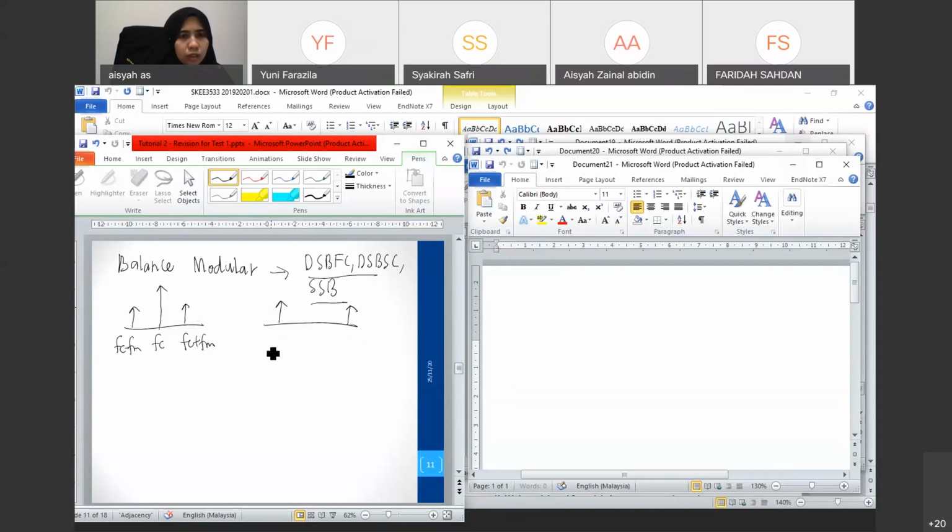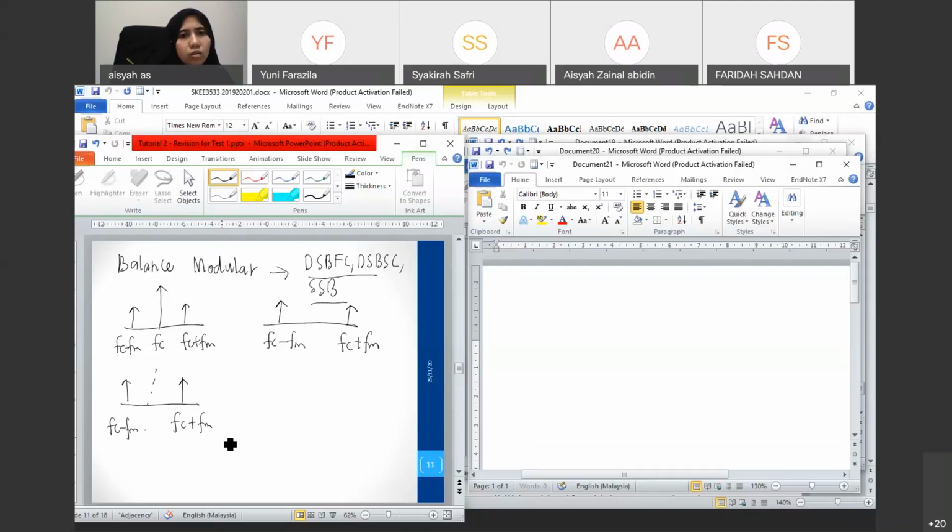And then the third one has only one sideband. So we have FC minus FM, or this means either one, either upper sideband or lower sideband. Okay, so this is the first, second, and third.